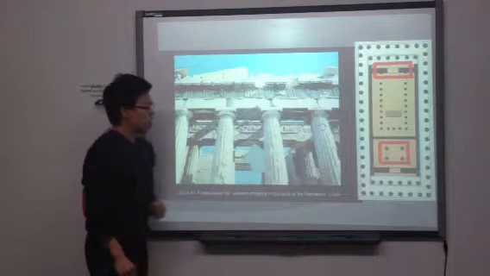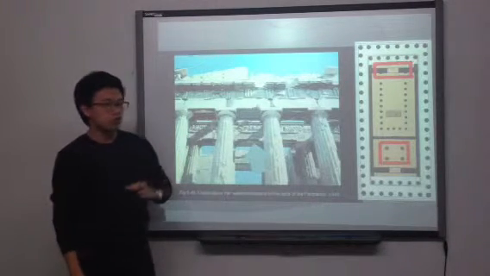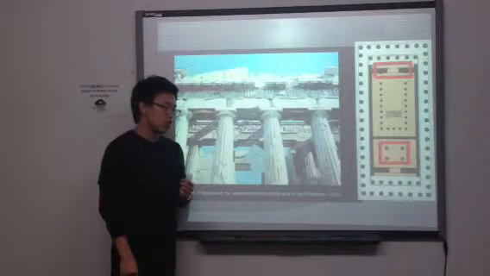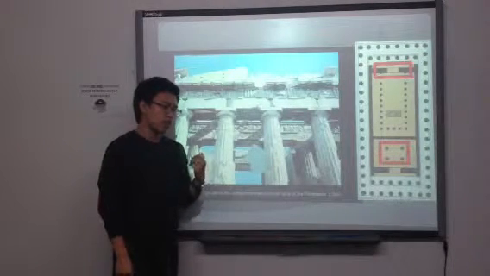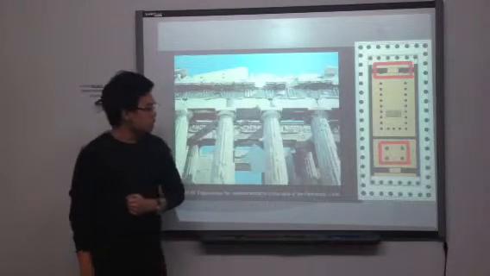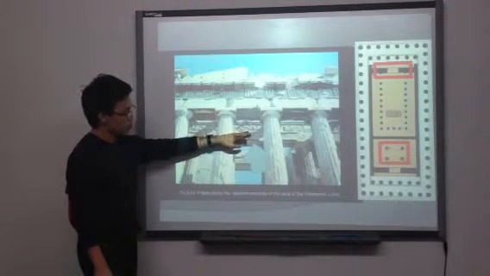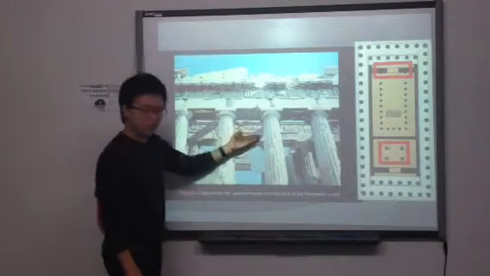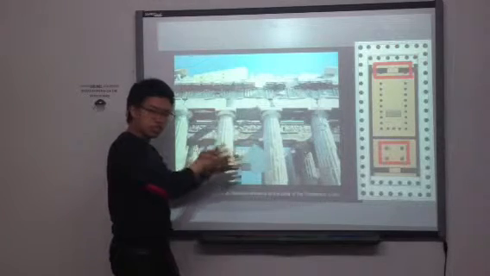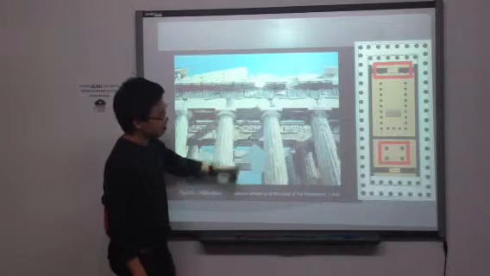But here, there are 2 factors of the Ionic order. One is that in the inner frieze, we can see the reliefs.